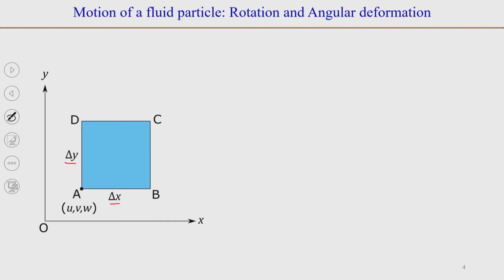The velocity components in the x, y and z direction at point A are u, v and w, and this is a two dimensional fluid element in the x-y plane. The corners of the fluid element are named A, B, C and D. This is at time t.